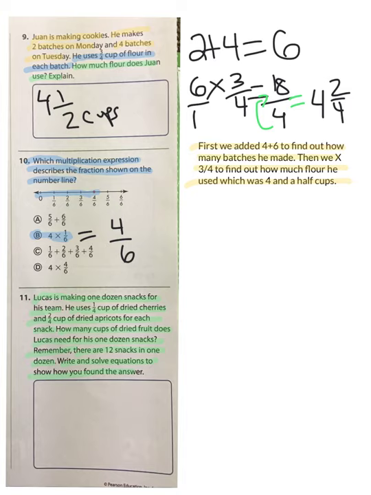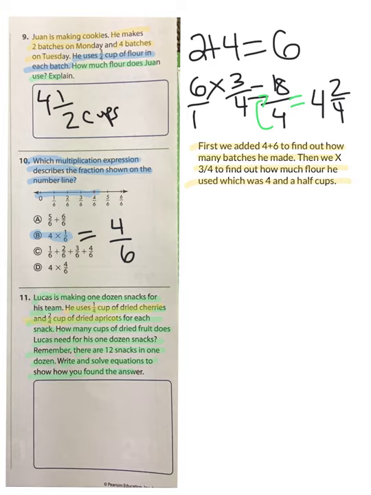All right, this is a 2-step problem just like we did yesterday. So we need to find out how many cups of dried fruit he used. So he uses 1/4 cup of dried cherries and 2/4 cups of dried apricots.